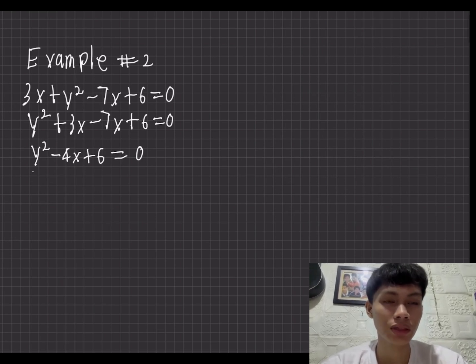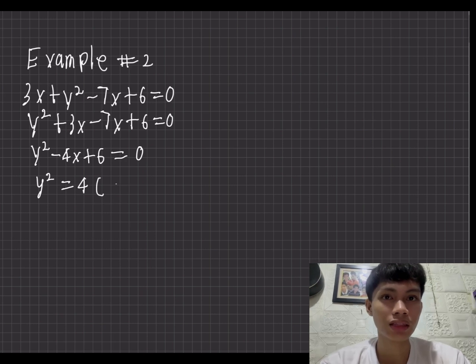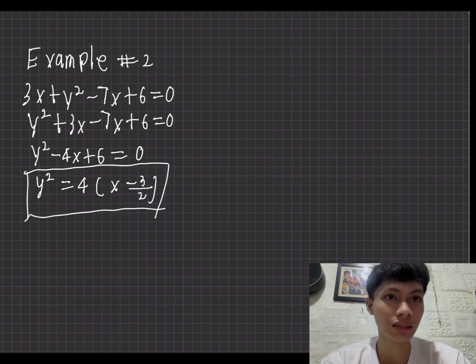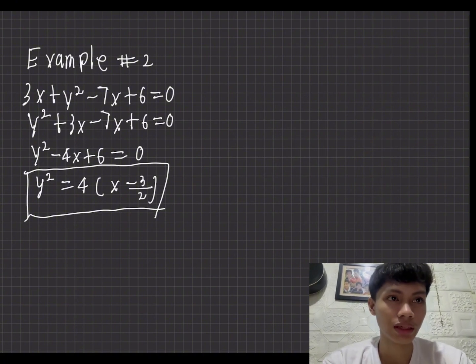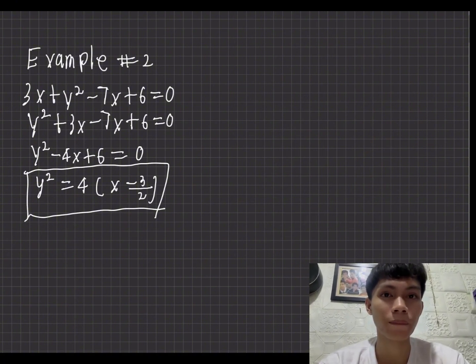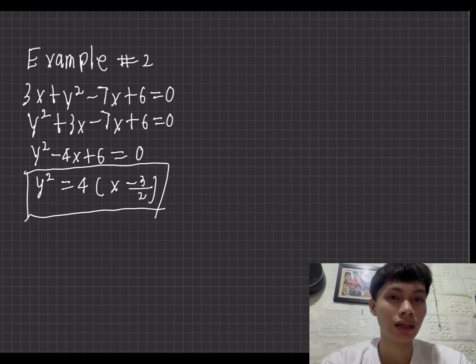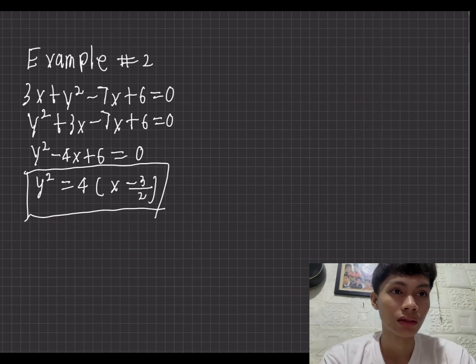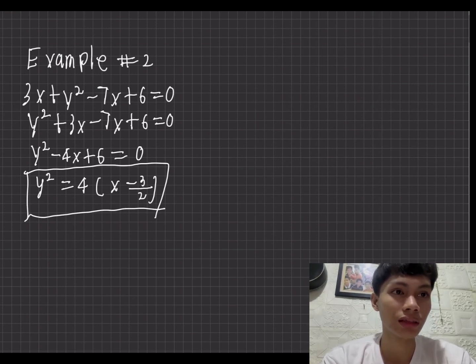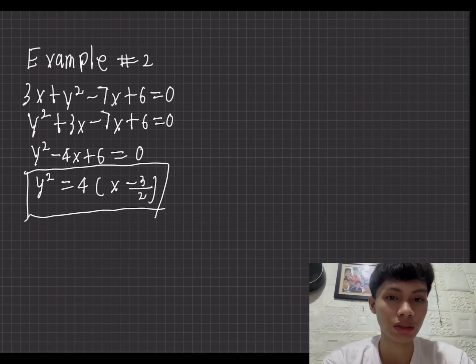Copy positive 6 equals 0. Transpose 4x and 6, so that will be y squared equals 4x minus 6. Next is to factor. That will be y squared equals 4 times (x minus 3/2). That was the final answer.